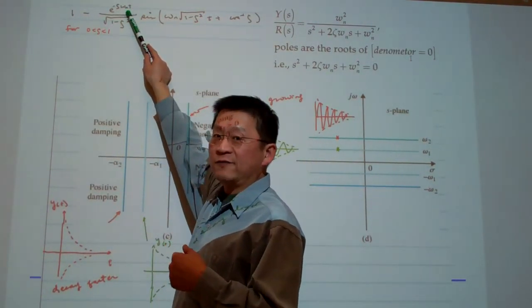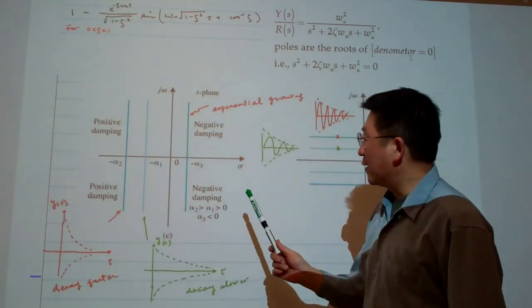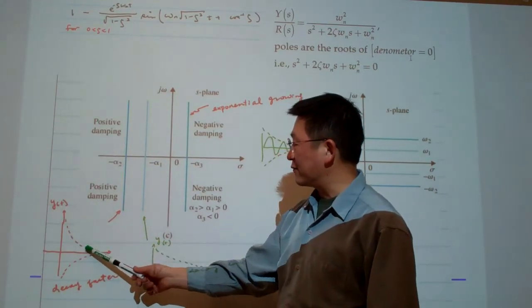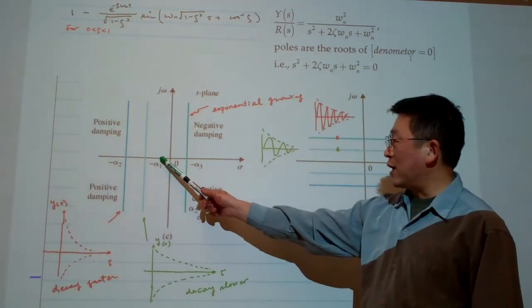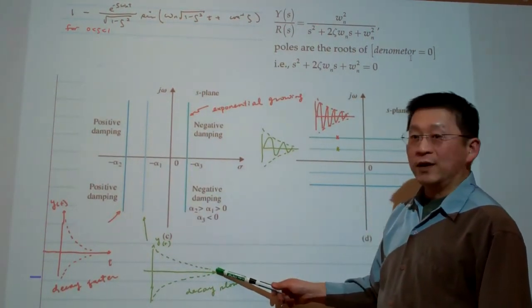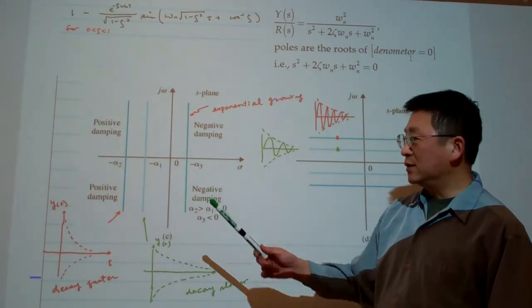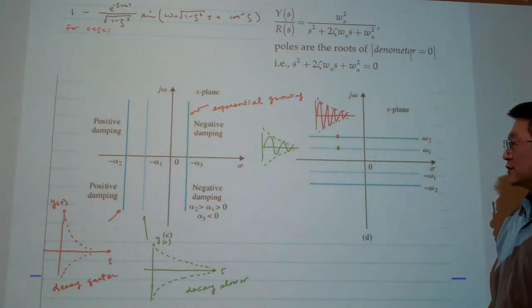Which one decays faster? Alpha 2, minus 10, decays faster than alpha 1, minus 1. That is the effect of the location of the real part.